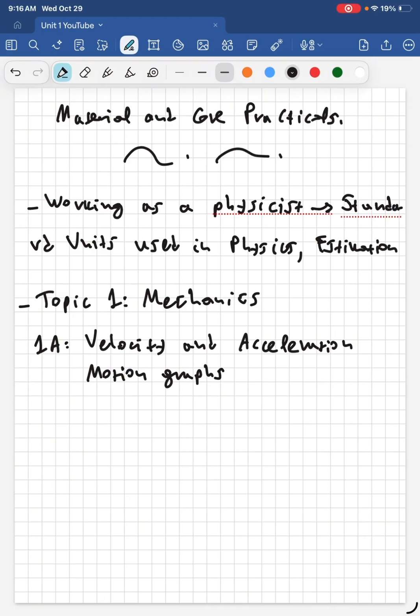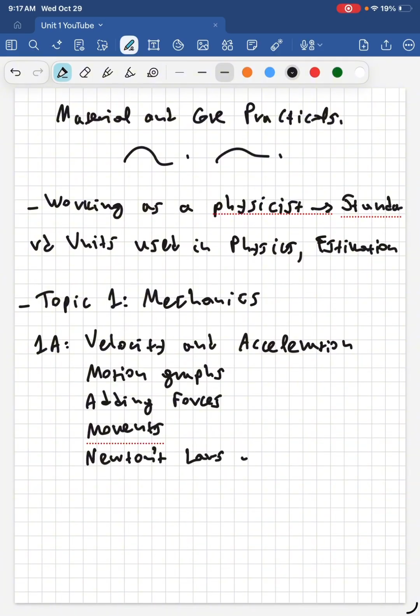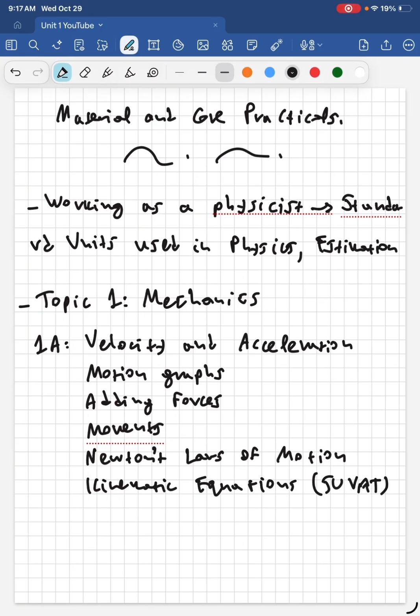The next topic will be adding forces, and here we mean vector-wise addition. We will discuss moments, Newton's laws of motion, the kinematic equations, which in high school are known as SUVAT equations.